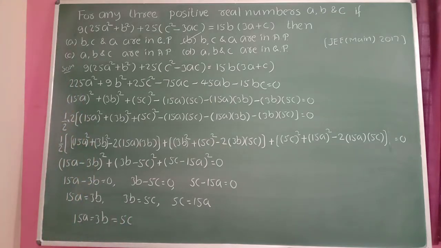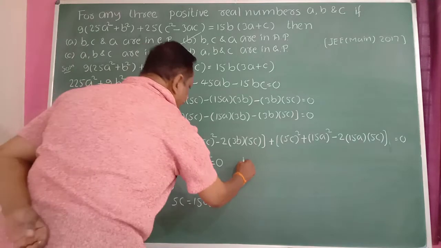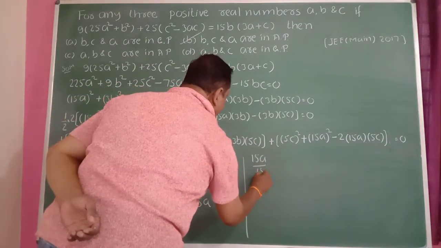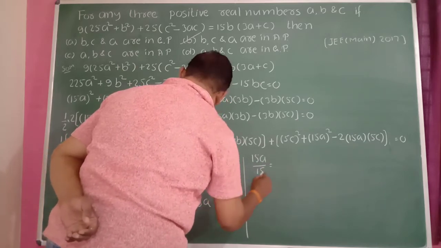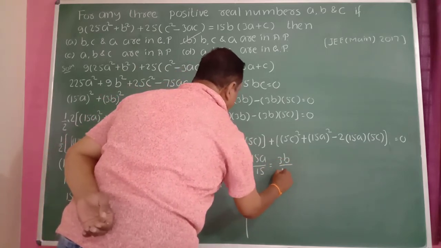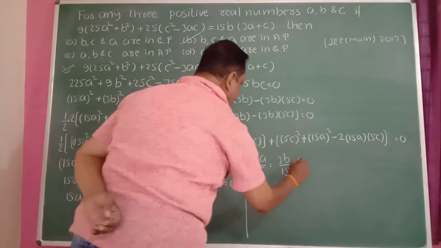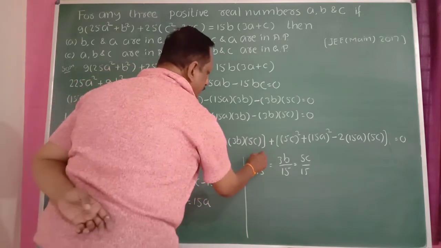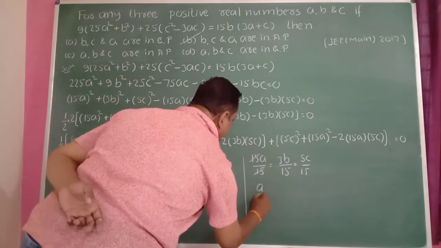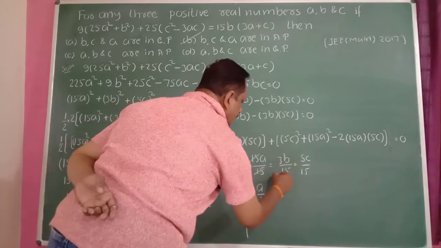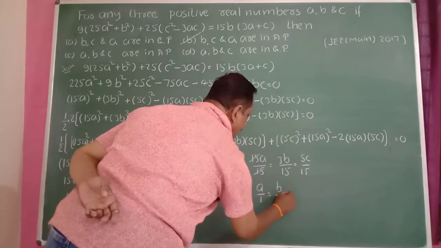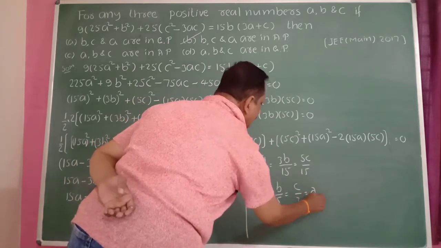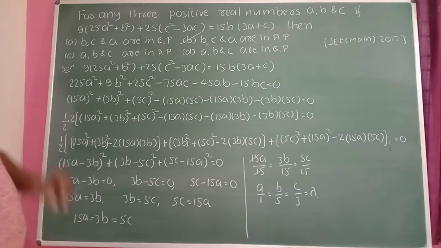Now dividing each term by 15: a/1 = b/5 = c/3 = lambda.